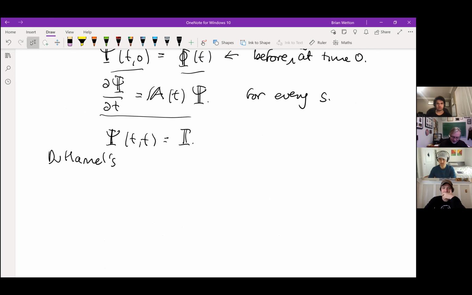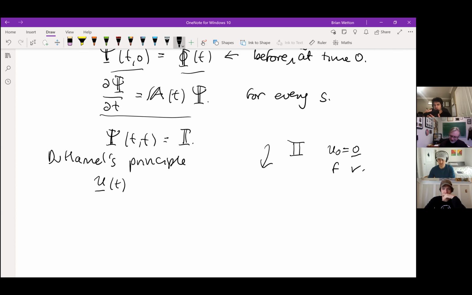So Duhamel's principle would say that if I want the solution of problem number 2, Roman numeral 2, with U0 equals 0 but F is in, the solution to that problem, I'm going to have a Green's function, which will integrate over the data.